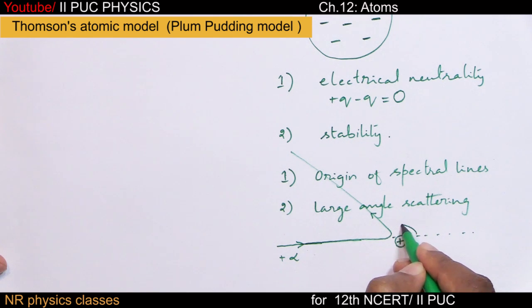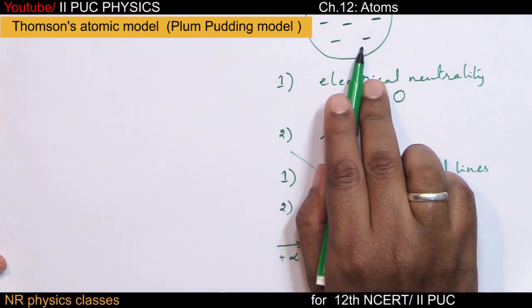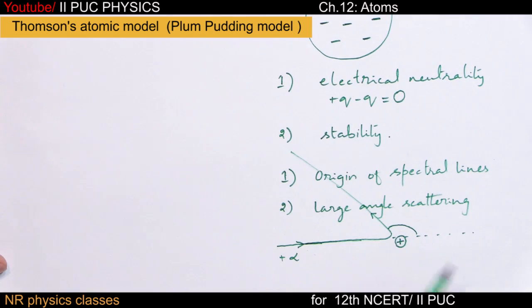This is the angle through which the alpha particle is scattered. Observe, this angle is greater than 90 degrees. So greater than 90 degrees means it is a large angle. This type of scattering cannot be explained using the plum pudding model. In the next model, Rutherford's atomic model, we can explain this.